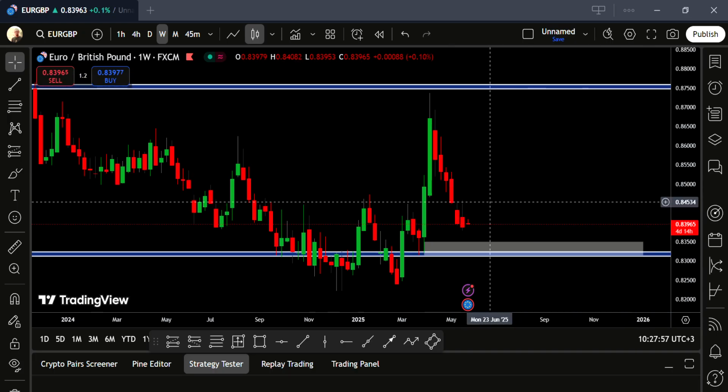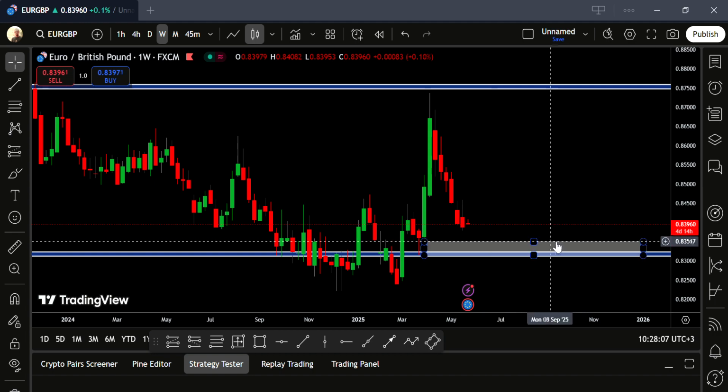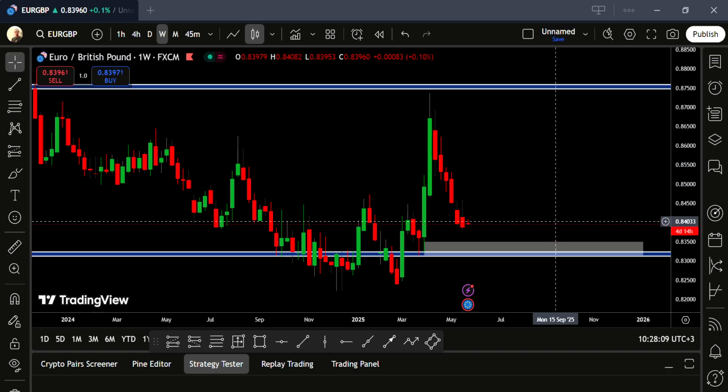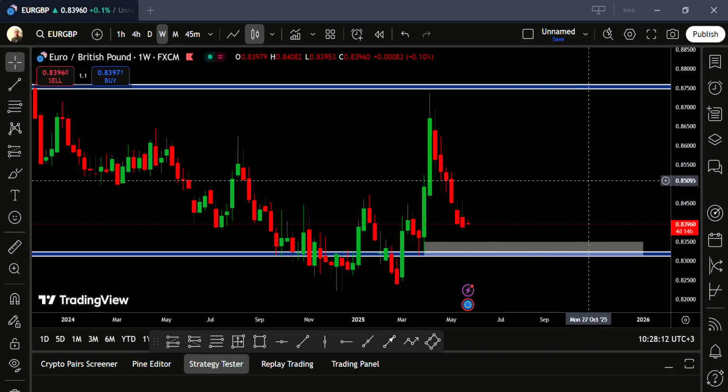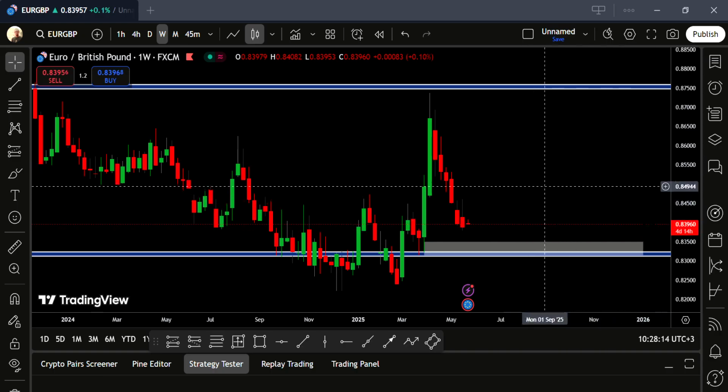So on the screen you have Euro GBP, and this is the weekly time frame. I always tell you it is always good to start with high time frames, and then we shall go to small time frames later. So our strategy is very clear. We use the Alchemist strategy, but we combine it with MSNR and supply and demand.